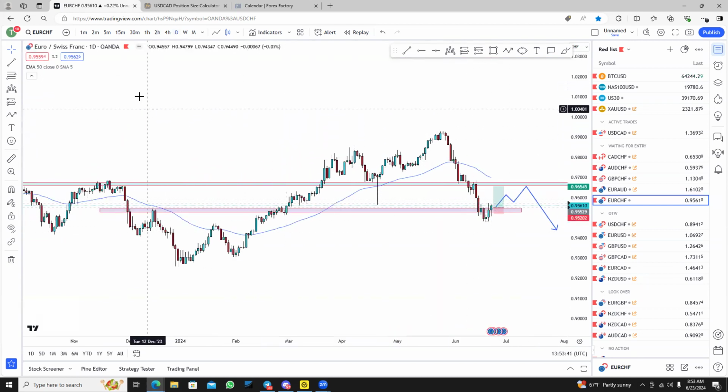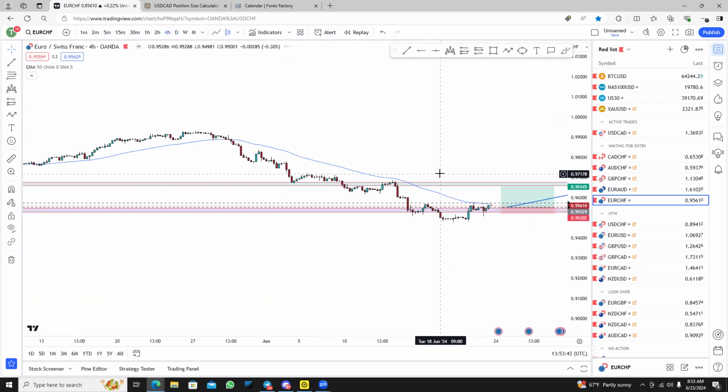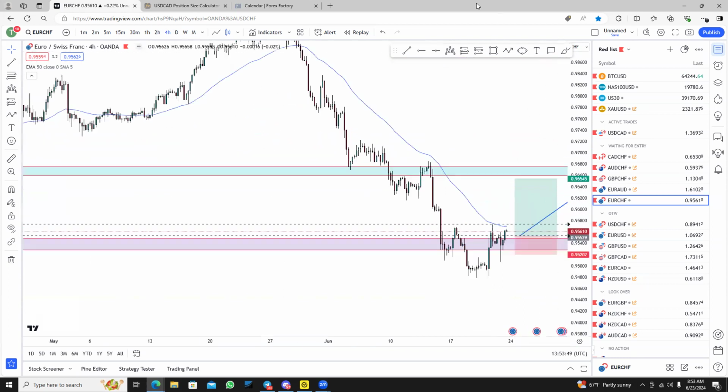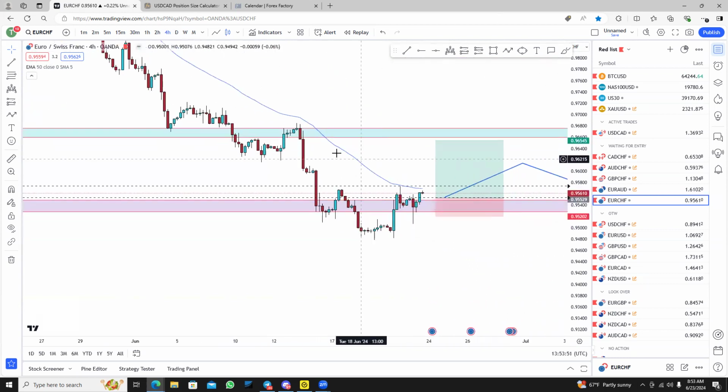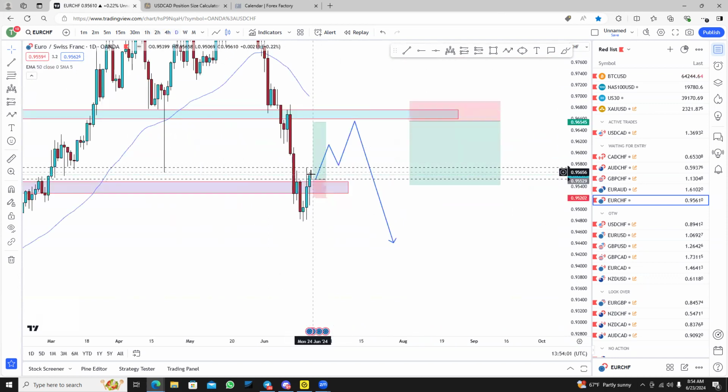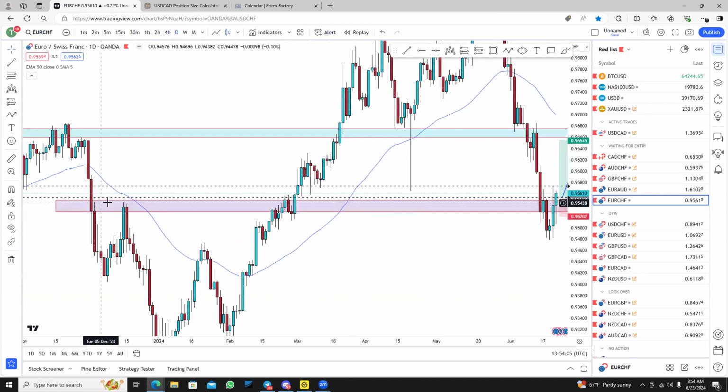Well, daily's bullish, actually. 4-hour is bearish. But what we're waiting for is a rejection. Take this thing long up into this weekly, because the daily is bullish. So we have a rejection off this daily area of interest.